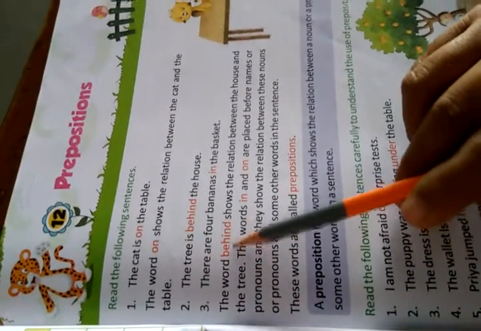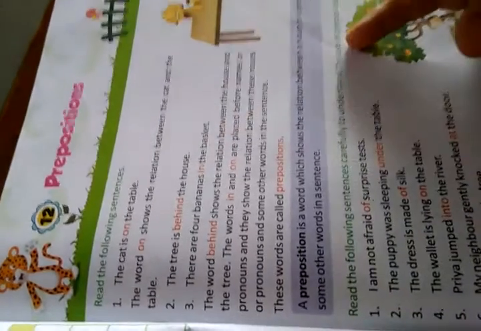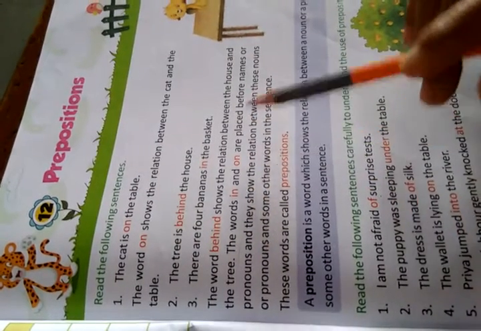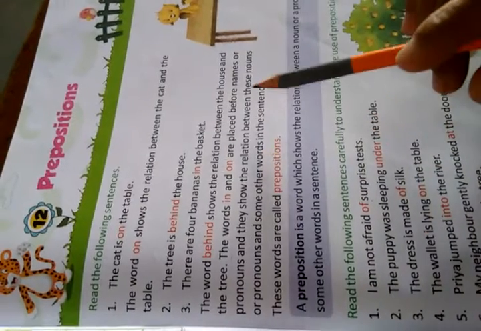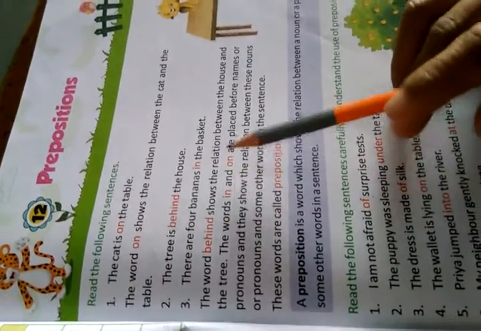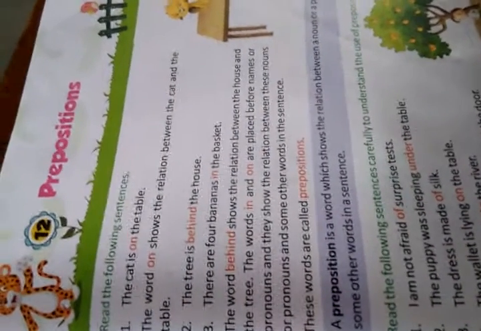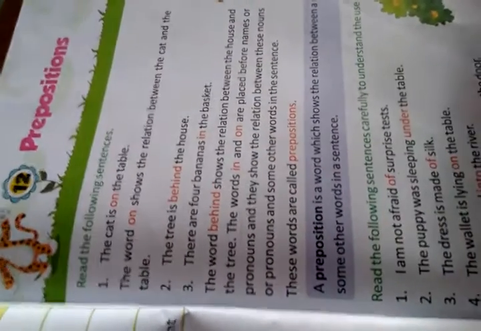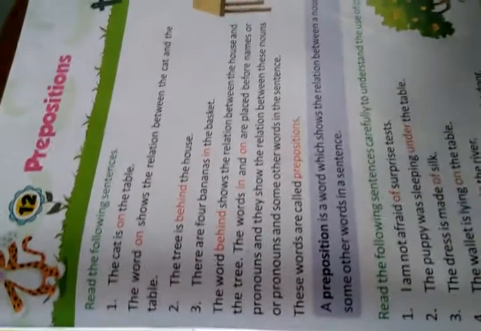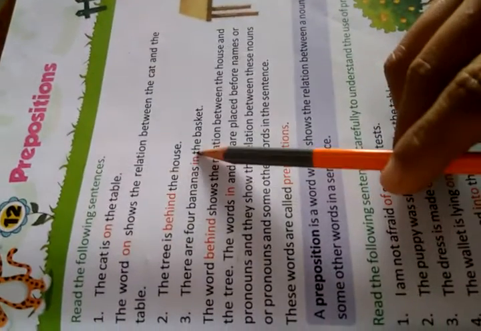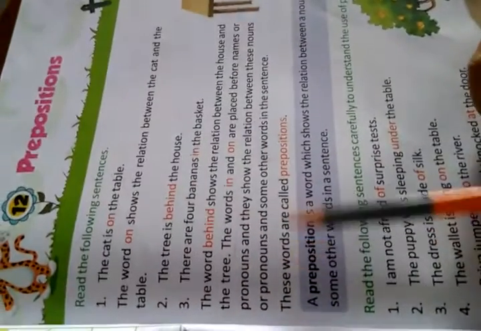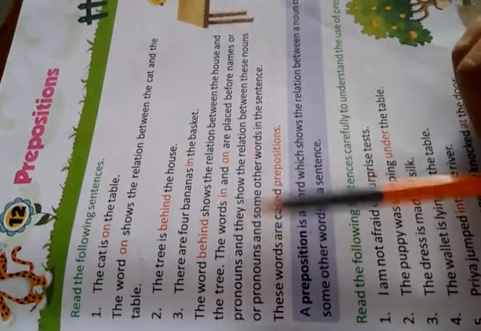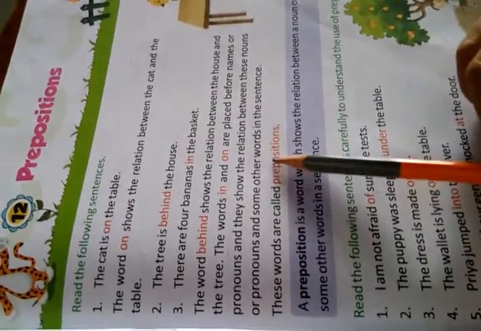The words in and on are placed before the names of nouns or pronouns, and they show the relationship between these nouns or pronouns and some other words in the sentence, like in the basket. These words are called prepositions.